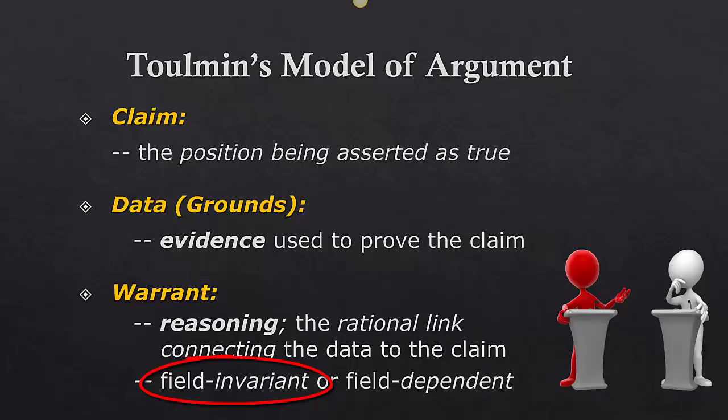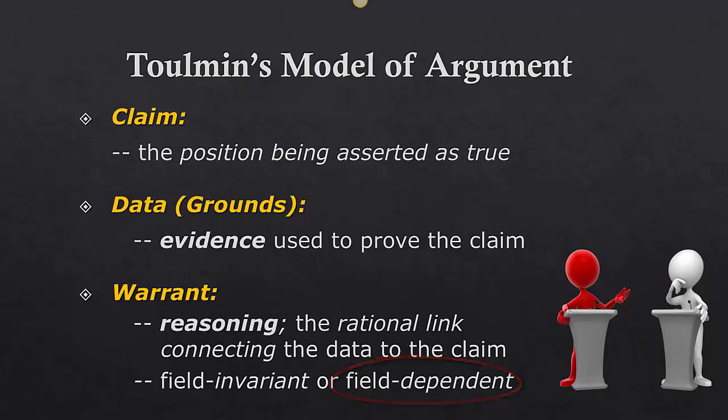Invariant. It can apply to any field of inquiry. On the other hand, warrants can also be field dependent. In other words, the way that the reasoning operates to link the data to the claim might only really make sense if you think about it from the context of a specific argument field, like science or theology or the law.